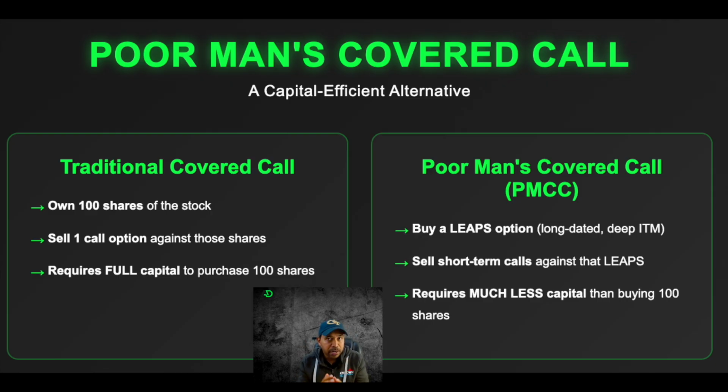Compared to that, in a PMCC you buy a very long-dated LEAP option which is deep in the money. That's almost synonymous with owning the 100 shares of a stock. However, you are putting in much less capital because ultimately it's an option, but it gives you the right to sell calls against it. That's why the name is poor man's covered call.